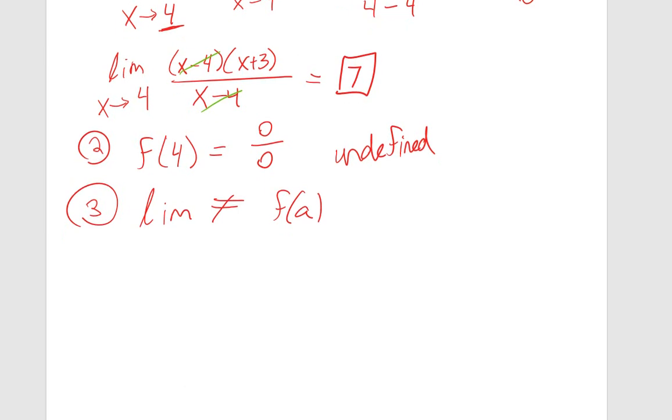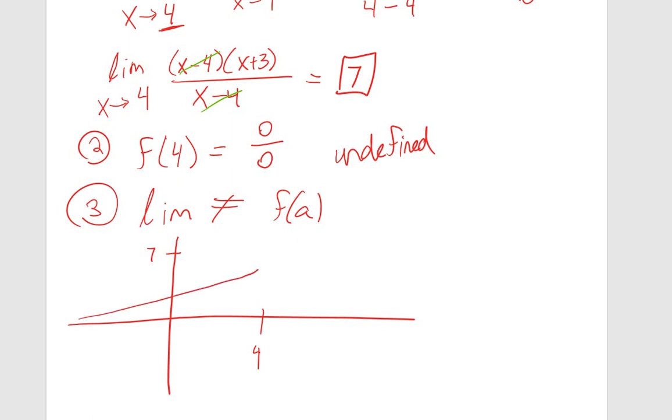What this looks like graphically, in case you're wondering, is that as we get closer to x equals 4, and let's say we have 7 up here, the graph looks like a straight line, but it has a hole in it. Because of this hole, we have to skip over it. When I'm drawing this with my pencil, I have to stop, pick it up, and then continue on. That is why this is not a continuous function.